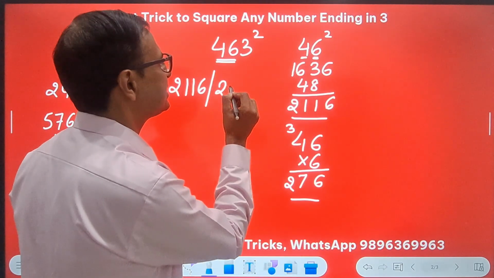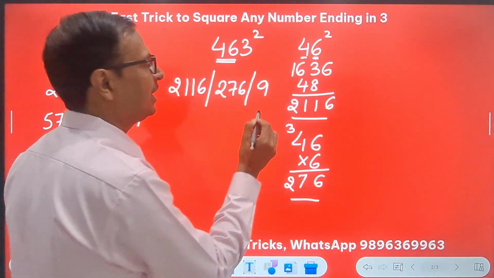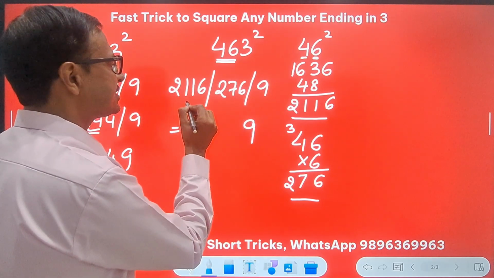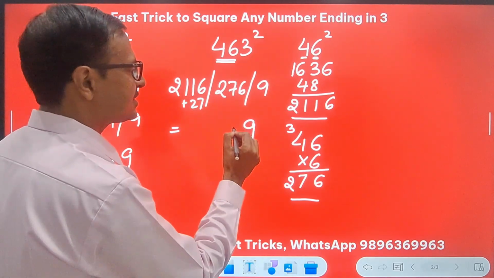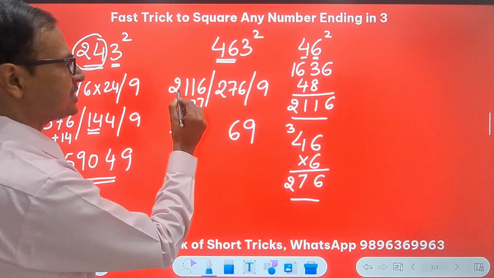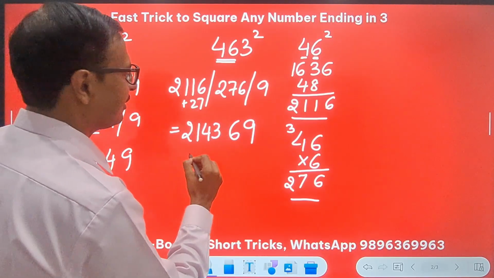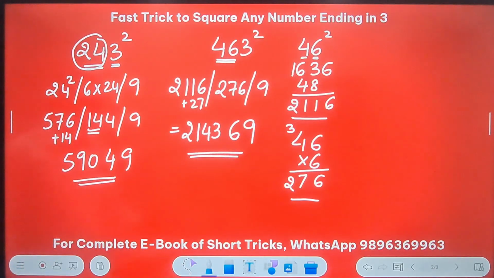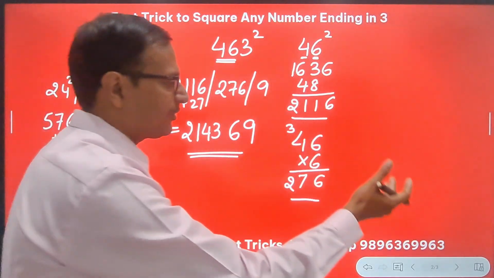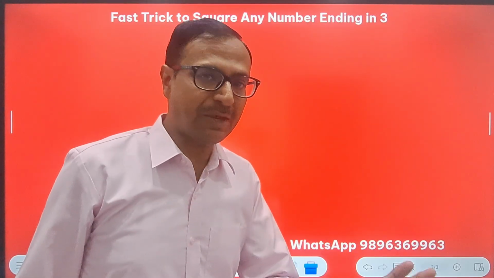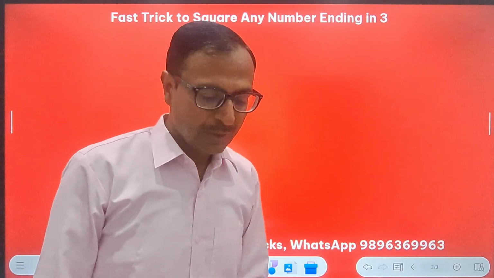So 276, and finally we have the 9, and the rest is very easy. 9, 27 gets added here and the 6 retains in the answer. So this is 2116 plus 27 is 43, and there we go. 214369 is the square of 463. Now you can go on and on, friends, and take much larger numbers, and you will see that the trick works wonderfully well for all numbers.